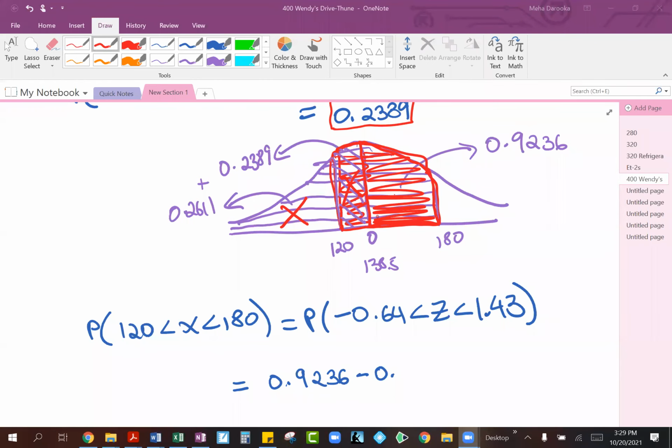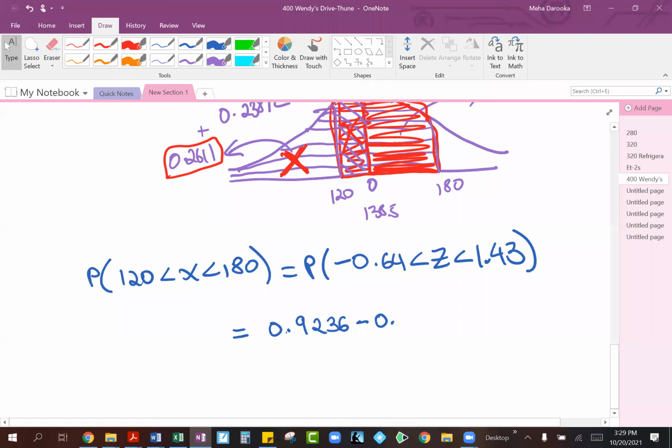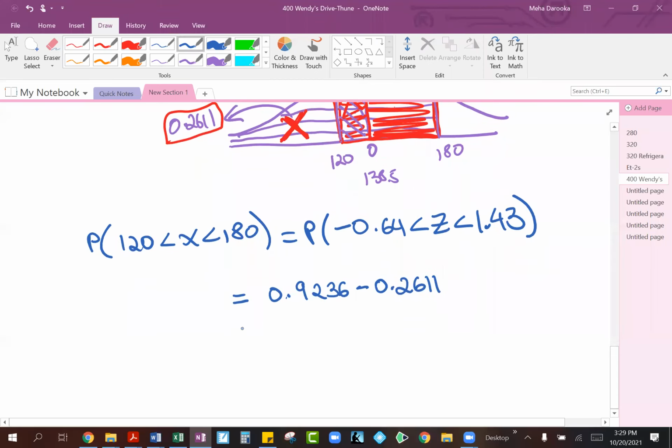Yes, very good. We need the area between 120 to the mean and then the mean to 180. So honestly, the only thing you need to get rid of is this area over here, and that's this number, the 0.2611. Instead of doing 0.5 and then coming back and adding, this will be the easiest thing to do: subtract 0.2611. That gets rid of that little left-hand side tail, and we will end up getting our total area between 120 and 180.